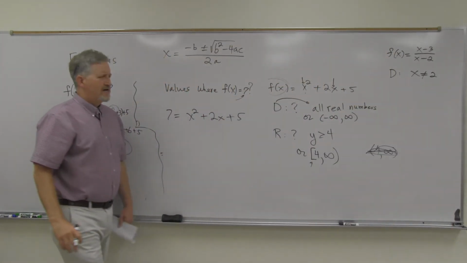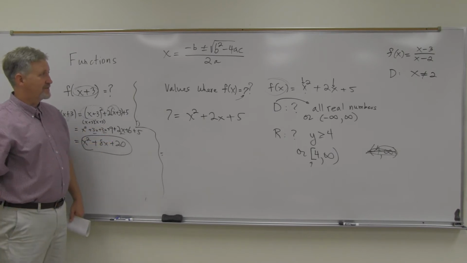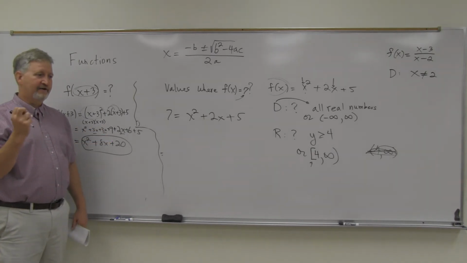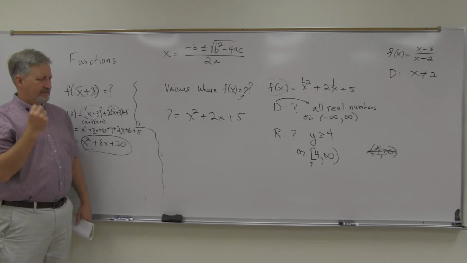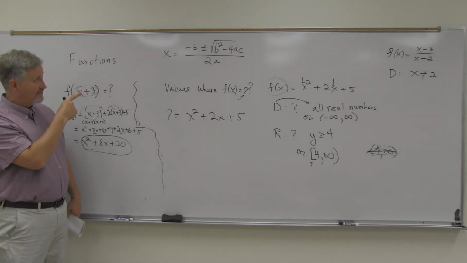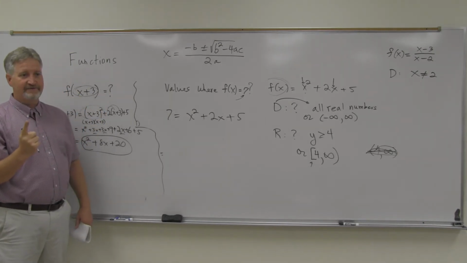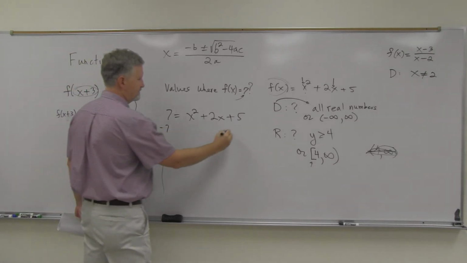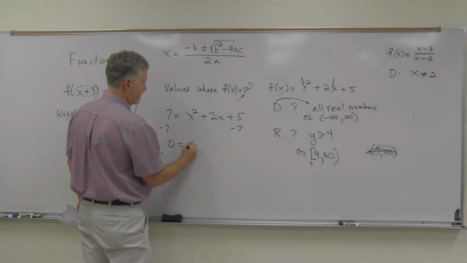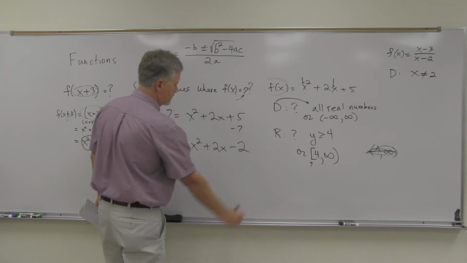But no, I think that's what's going to come up here, because factoring doesn't work and square root method, we'll talk about those eventually. But for this particular one, I think we're going to have to use that. And to use that, though, you have to have one side 0, don't you? So I need to subtract this 7 and make it 0 equals x squared plus 2x minus 2.